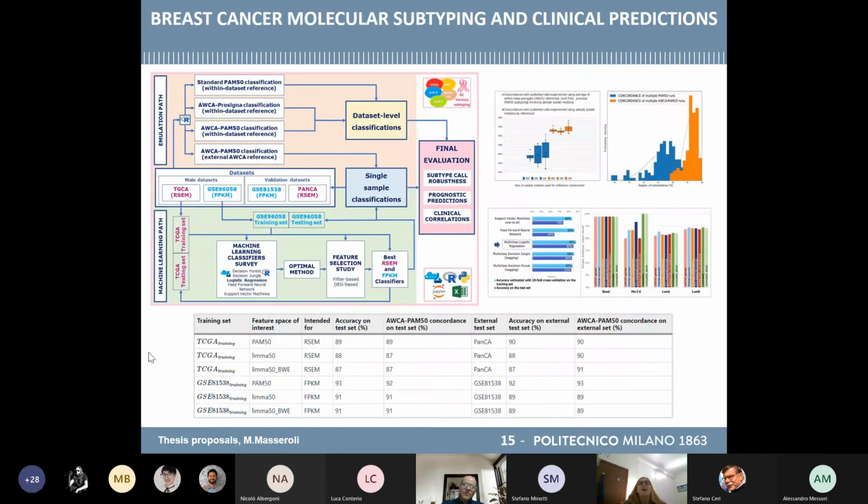Okay. So here, for instance, you can see that for what concerns the publication that is strictly related to the work of my thesis, we applied data science into different paths simultaneously, basically in parallel.